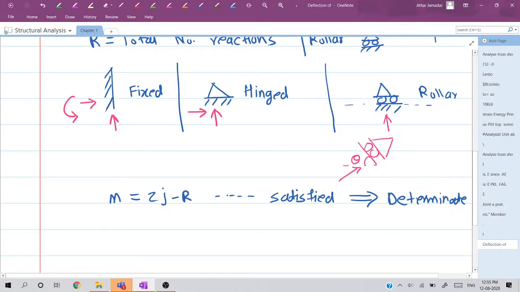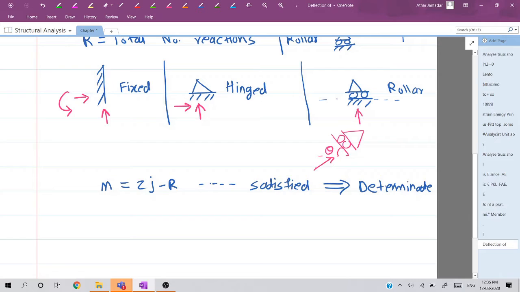And if it is not satisfied, then your truss is going to be an indeterminate one. If not satisfied, there will be two cases again. For m equal to 2j minus r, the values on both sides, LHS and RHS, should be the same.